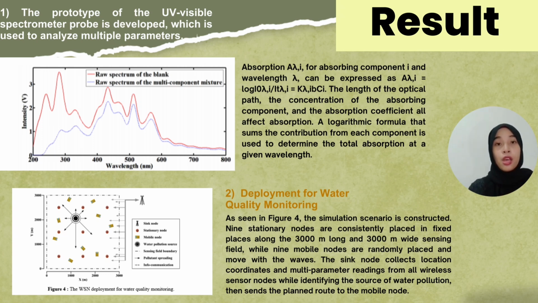The absorption A(lambda i) for absorbing component i at wavelength lambda i can be expressed as A(lambda i) = log10(I0(lambda i)/I(lambda i)) = k(lambda i) * b * c_i. The length of the optical path, the concentration of the absorbing component, and the absorption coefficient all affect absorption. A logarithmic formula that sums the contribution from each component is used to determine the total absorption at a given wavelength.